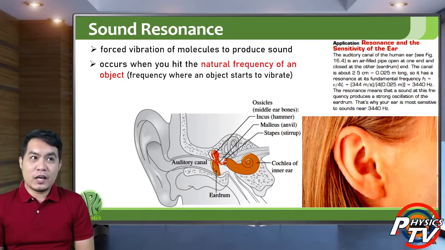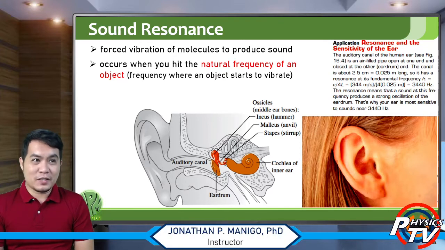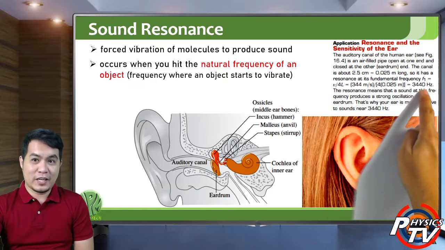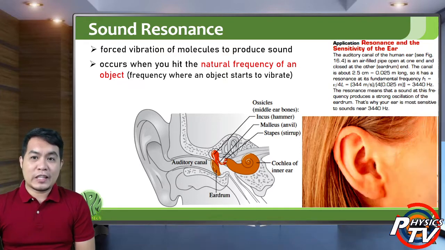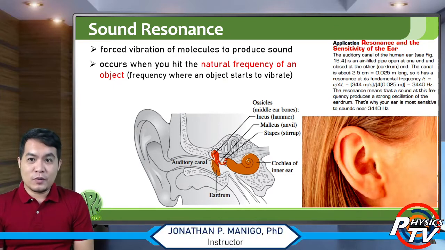Only odd harmonics can cause resonance in our ears. We can calculate the fundamental frequency. It's around 3,440 hertz and odd multiples of this. So 1F1, 3F1, 5F1, 7F1, and so on.